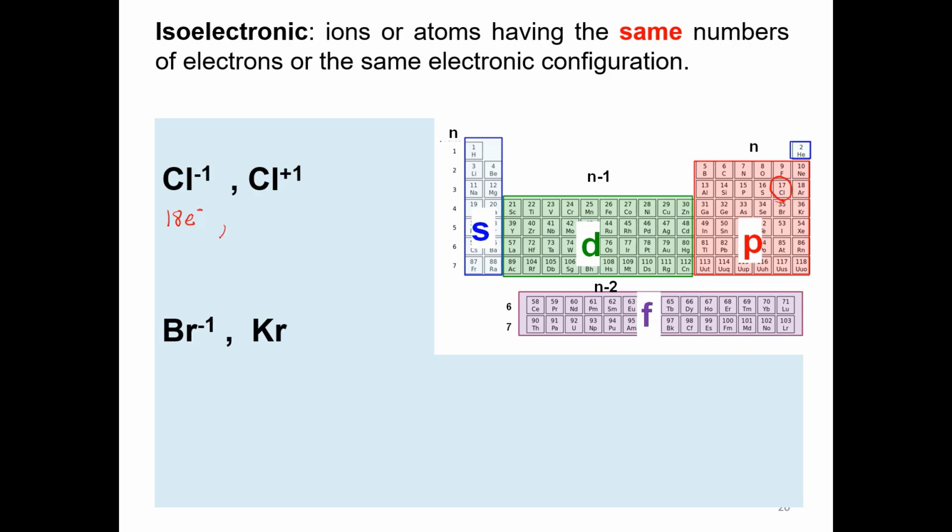And let's see what happened with the second ion. The second ion is chlorine plus 1, meaning chlorine lost one electron. If it lost one electron, the number of electrons for this ion will be 17 minus 1, which is 16. Let's write here 16 electrons. And because the number of electrons are not the same, we will say they are not isoelectric.